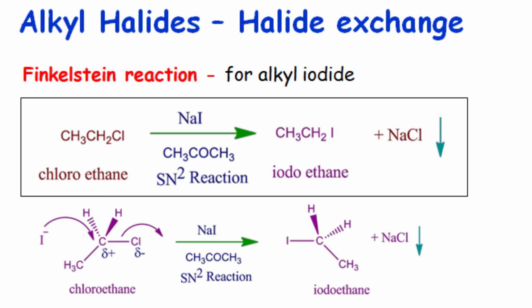What acetone does is it is used as a solvent that solubilizes your NaI, but NaCl is less soluble because NaCl is much more ionic. Because acetone is not an ionic solvent, NaCl is not soluble, so it precipitates out. So it's an equilibrium reaction, but I'm removing one of the products, so the reaction goes forward. And we are using Le Chatelier's principle here to synthesize the alkyl iodide of our choice.